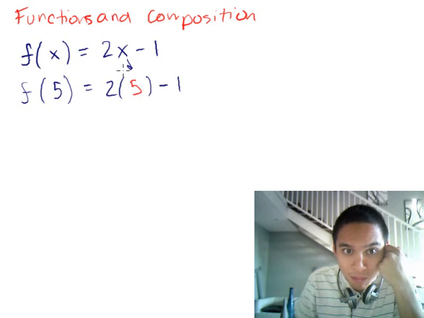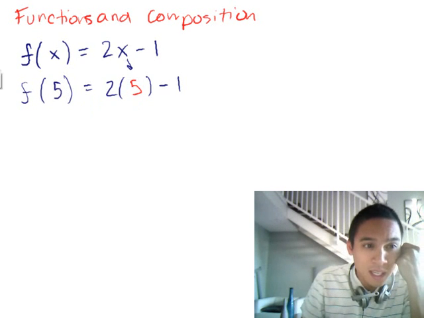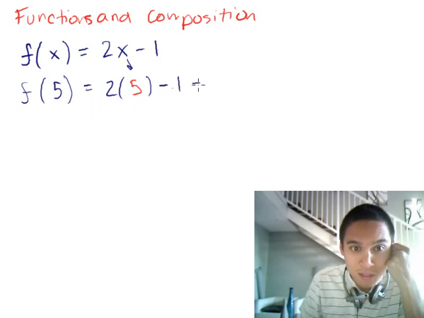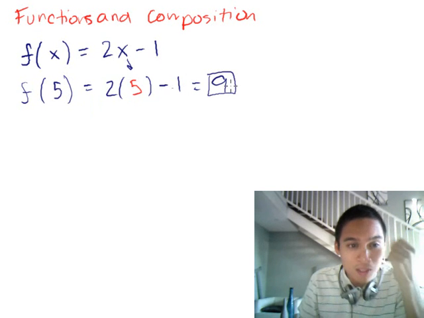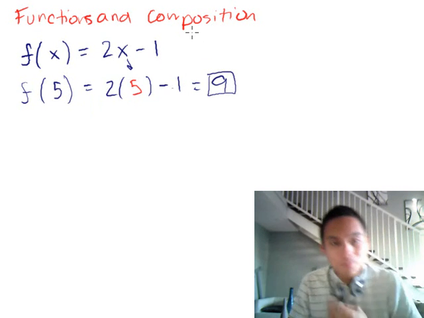So do we see that? How we replaced my x up here, 2 times x minus 1, with 2 times my input of 5 minus 1. And if I calculate that out, this is just going to be 2 times 5 is 10. 10 minus 1 is going to be 9. Alright, so f of 5 is equal to 9.